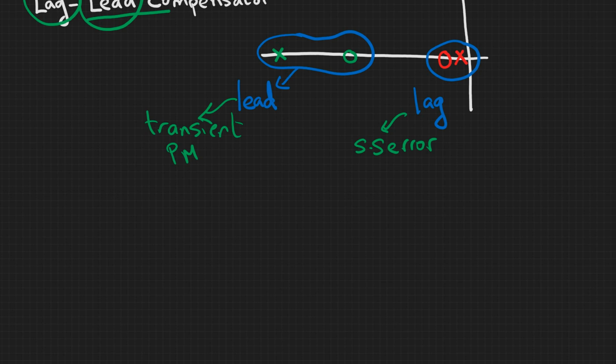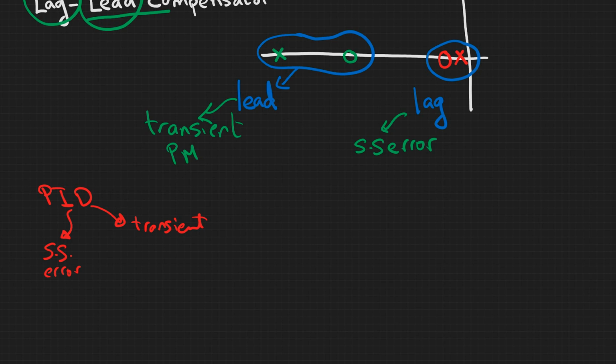This reminds us of something similar to the PID controller. When we talked about the PID controller, the integrator was improving the steady state error, but it was adding some instability, while the derivative part was trying to enhance the transient characteristics and reduce the overshoot. So they were working together.